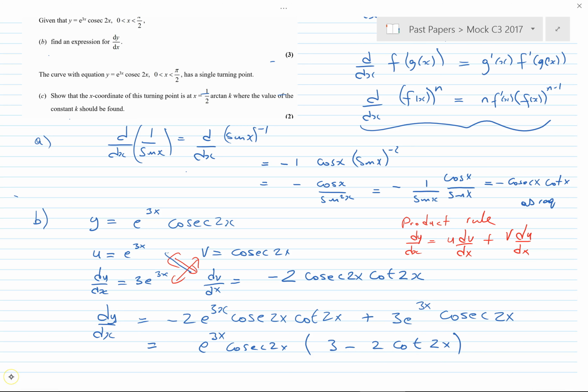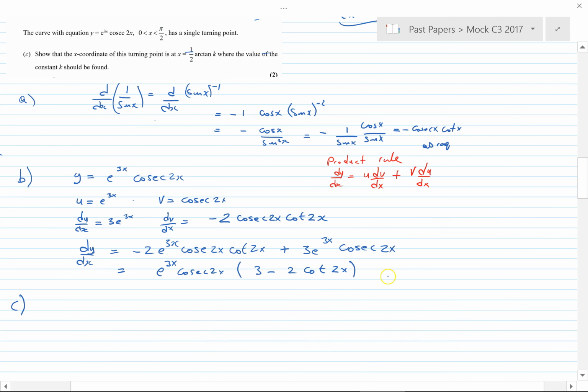Okay, let's have a look at the last part. Now the last part, as I said, you didn't need to simplify for this part, but in fact it's useful to have this expression to equate to 0 now. So it's a turning point, it gives us dy by dx equals 0.